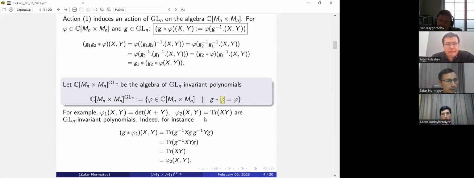And we can also define the ideal, for example, generated by x squared minus y. Then the coordinate ring of the quotient by the ideal is isomorphic to the polynomial algebra in one variable. Is it a coordinate ring of the parabola? Yeah, the coordinate ring of the parabola.